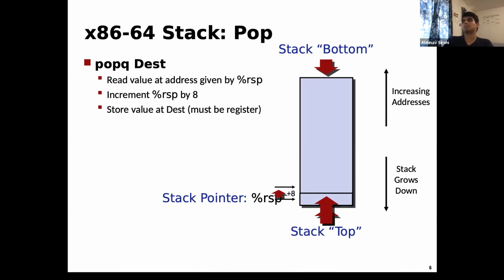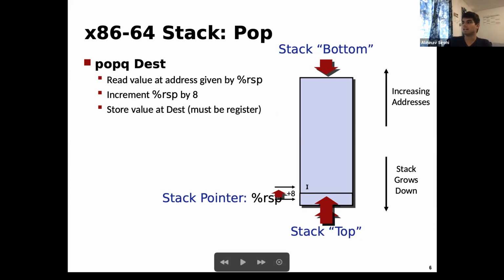And then pop is very similar, but it does things the other way around. So you basically read the value at the address given by RSP, because pop always returns what it popped. And then we take our RSP and we just increment it by 8.